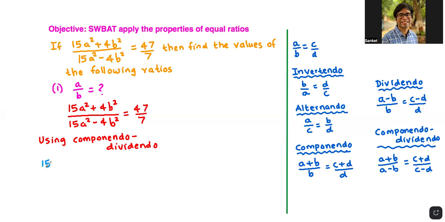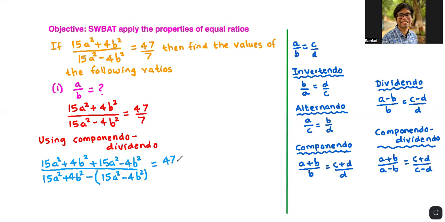So this is the numerator plus denominator, upon the numerator again, minus denominator. Now, when I subtract, I'm going to put the denominator in a bracket, is equal to 47 plus 7 upon 47 minus 7.